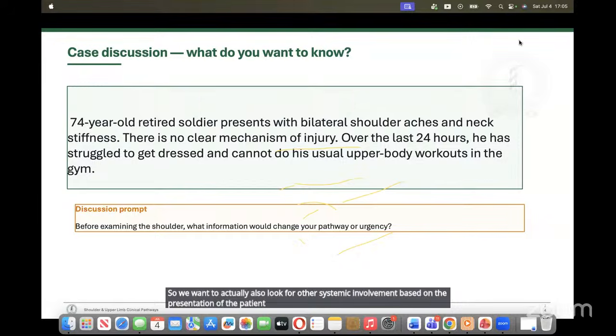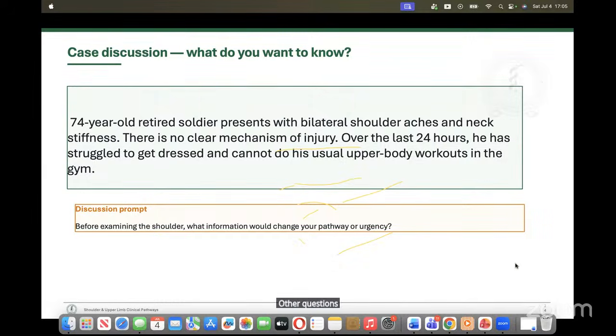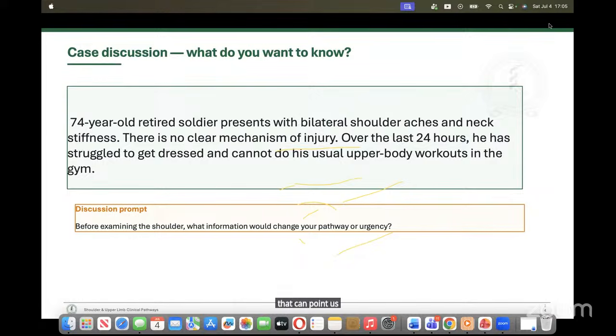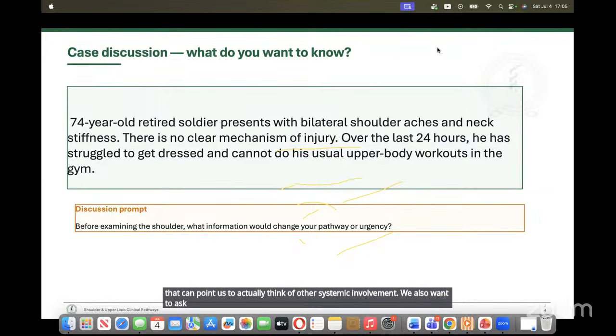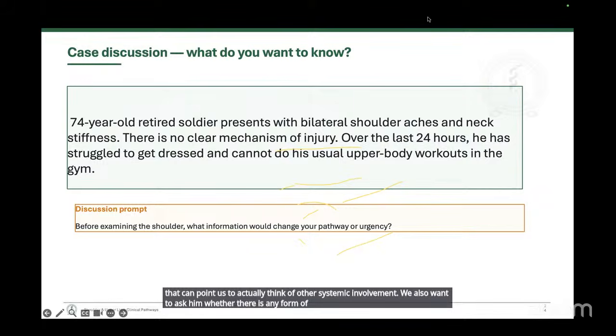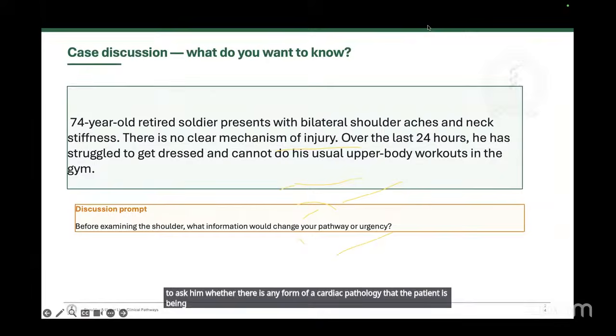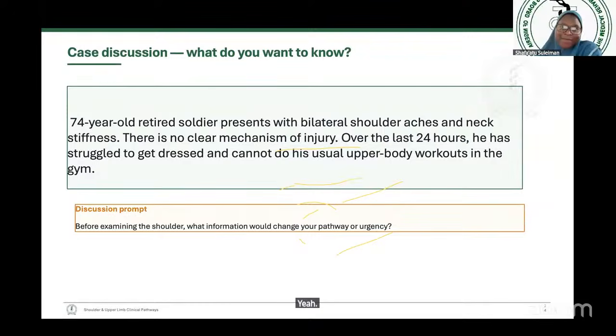We want to ask other questions or request other investigations that can point us to other systemic involvement. We also want to ask him whether there is any form of cardiac pathology that the patient is being treated for, or any other systemic disease.